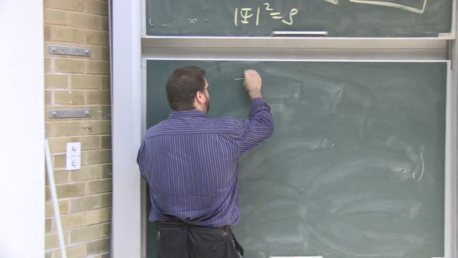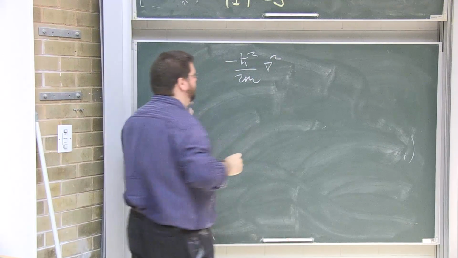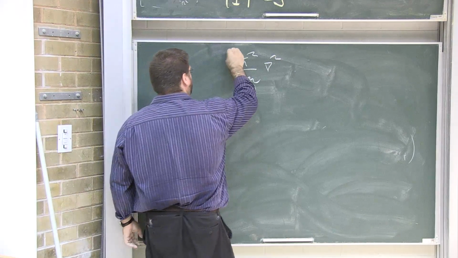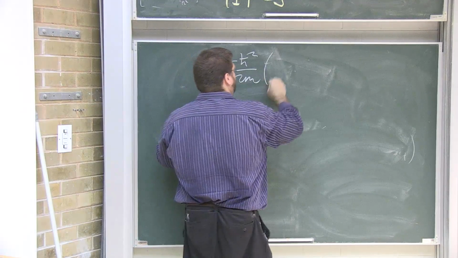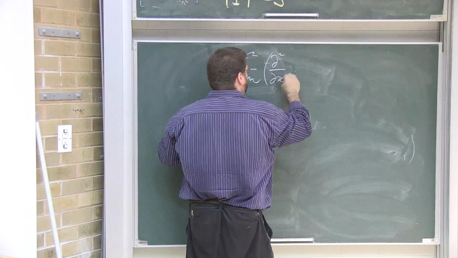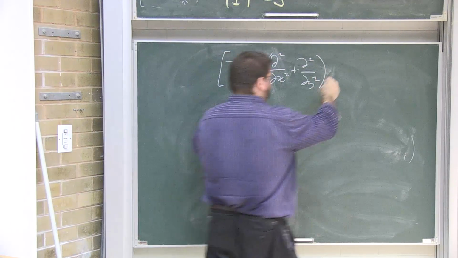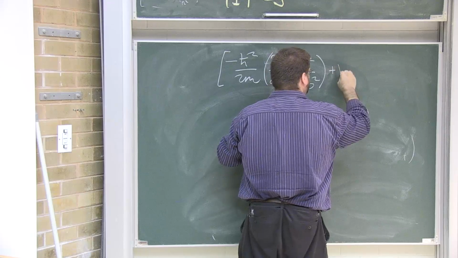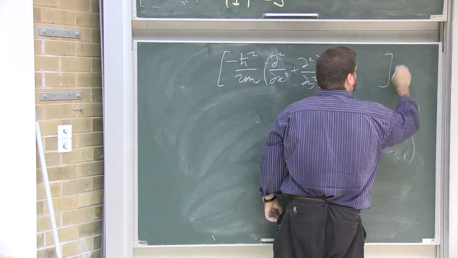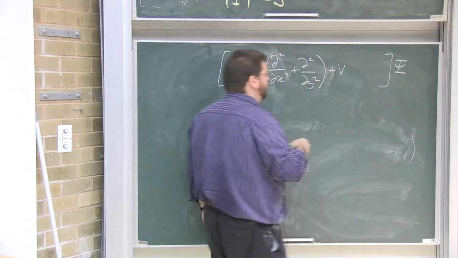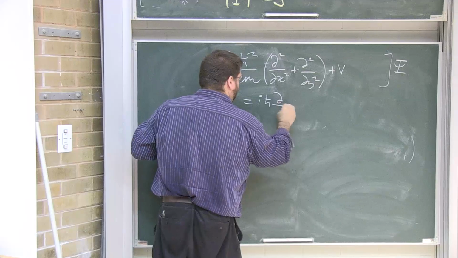Now, what equation governs this system? It's not the Schrodinger equation, but it's a modification of the Schrodinger equation. So let me write down the Schrodinger equation, but we're in 2D, so instead of the Laplacian, it'll be d squared by dx squared plus d squared by dy squared, plus a potential, and this is a parabolic confining potential, acting on a wave function, which will be a function of x, y, z and t, to give i h-bar d by dt.